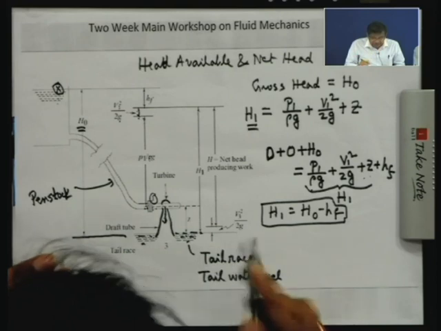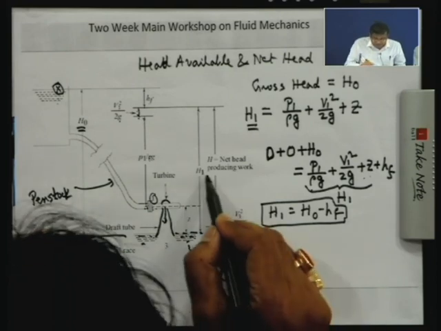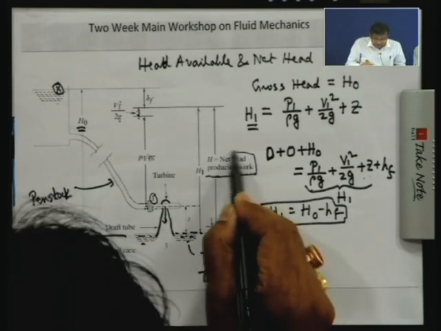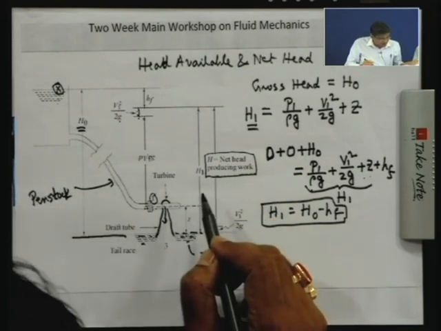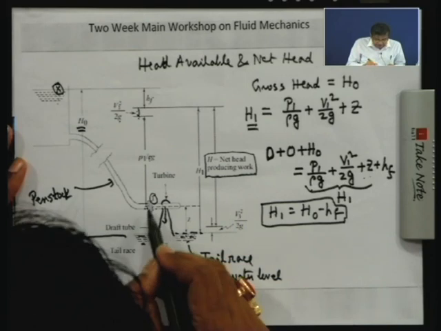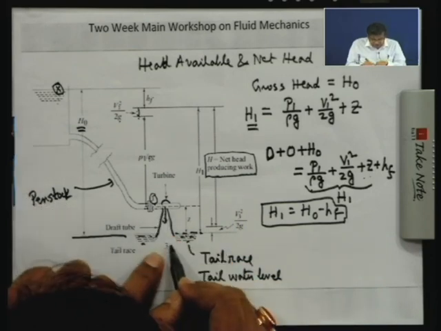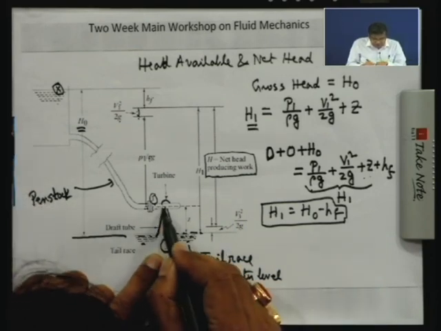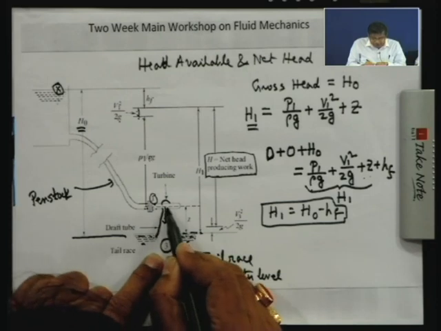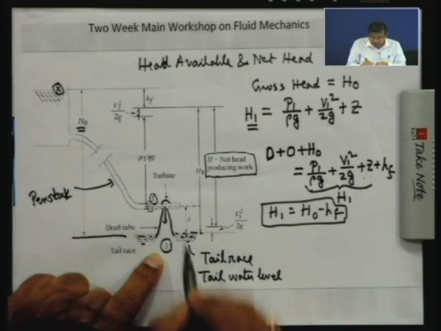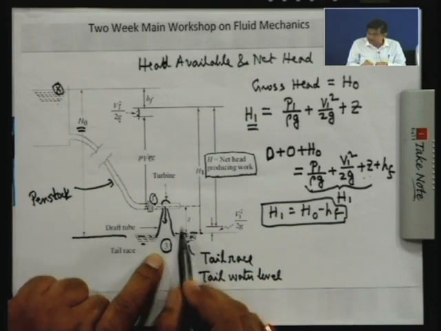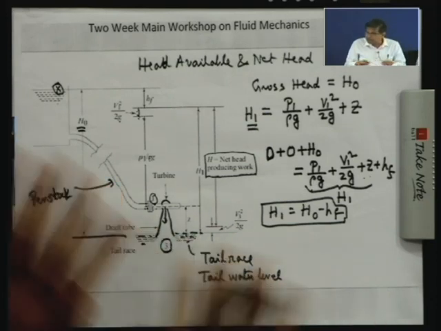Now, the next thing that is very important is the net head producing work. The head which produces work from the turbine is this inlet head minus the outlet head. Now, since we have a draft tube, the turbine does not discharge directly into the atmosphere; the turbine is set at a higher level from the tail water level.